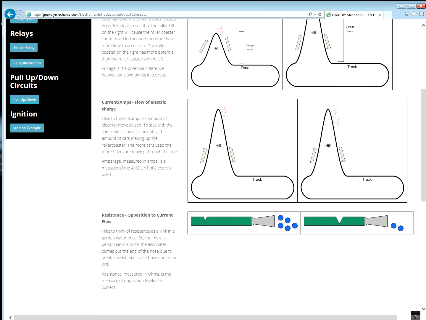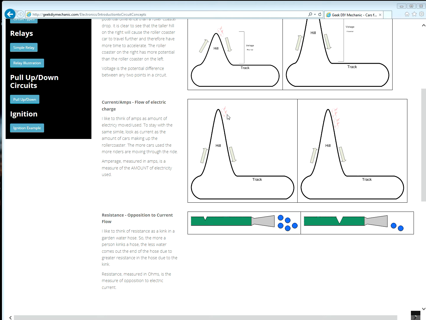Let's move on to the next electronics unit of measure, the ampere, usually referred to as amp. Again, I use the roller coaster analogy to describe amps. It is how many riders go through the ride at a time. Notice you have the same potential difference, but differing amps.